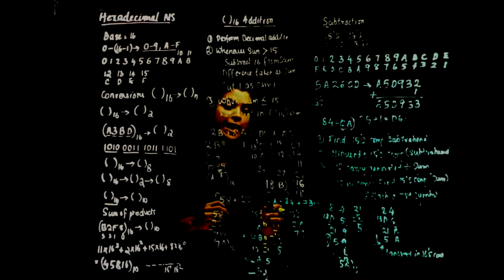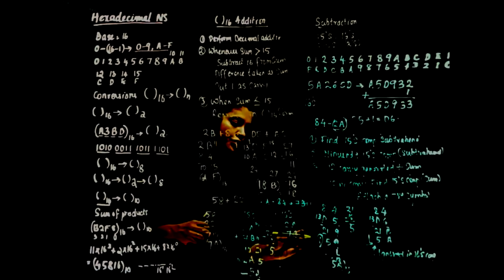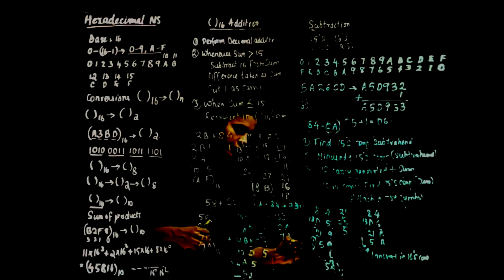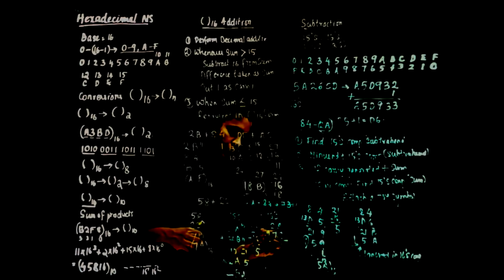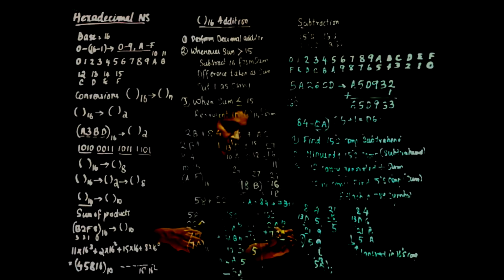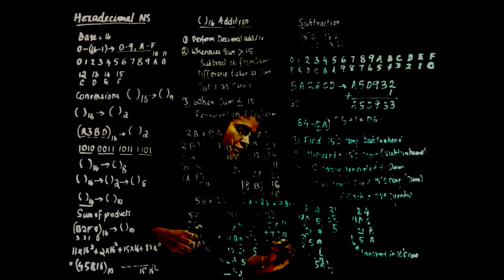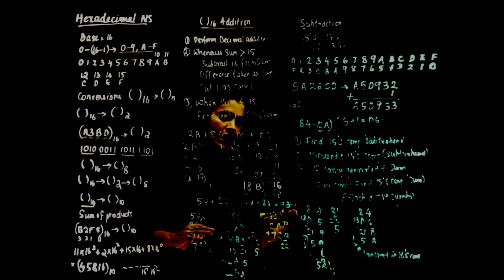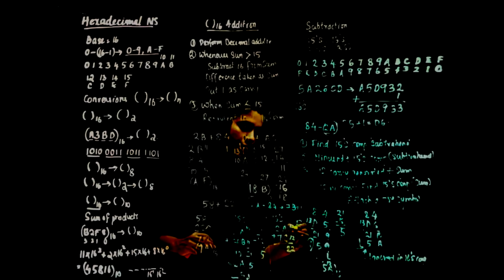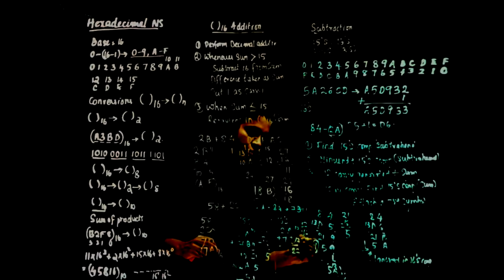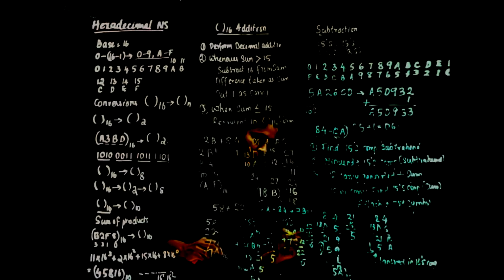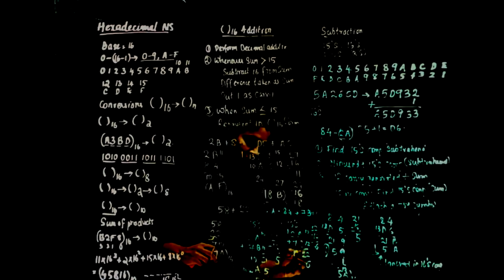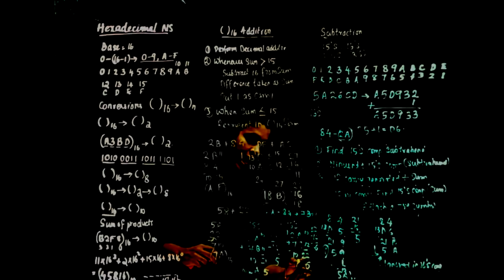Now again the same thing we are going to do using the 16's complement. So the 16's complement of 84 is 7C, and we are going to add both. A is 10 and C is 12. This is corresponding to 22. 22 is not permissible. So 22 minus 16 will give you 6 and 1 carry. So 1 carry is added here. This is equal to 10, which is A6.